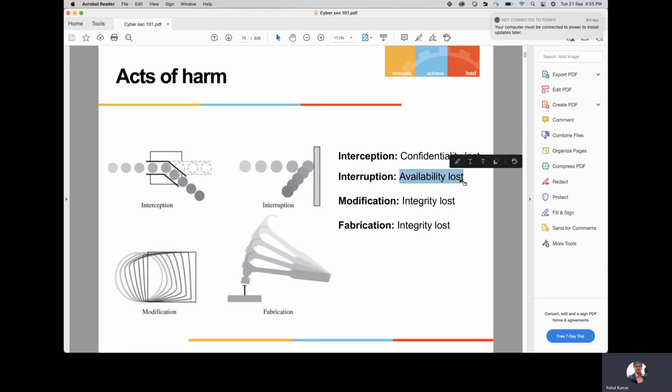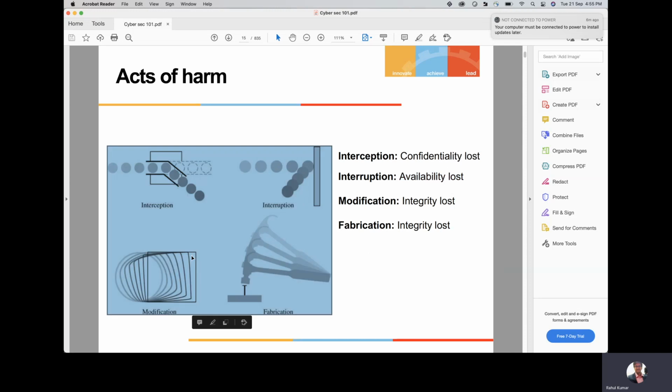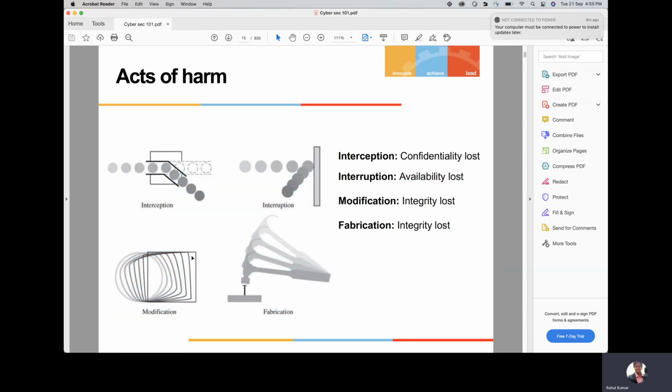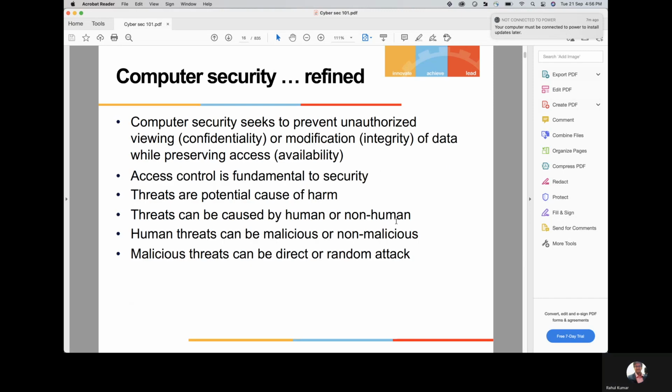And let's say someone modifies this data. Someone is trying to send something, however a third person intercepts it, modifies it, and then sends it. In that case, we say integrity of the data is lost. Let's say someone fabricates some false evidence, and in that case also integrity of the data is lost.